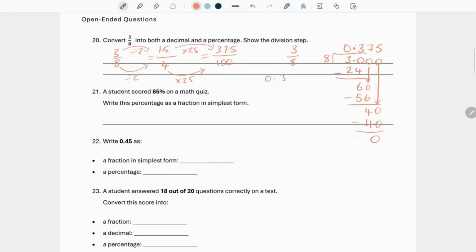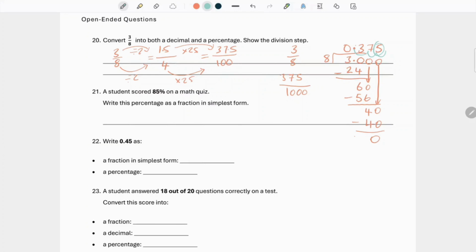So 0.375 is the same as saying 375 over 1,000, because we've got 3 decimal places, right? And this 5 is in the thousandth column.